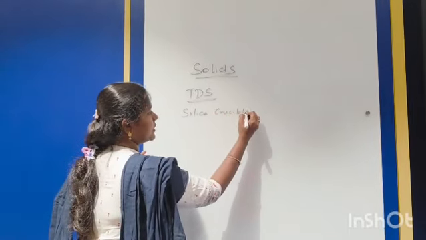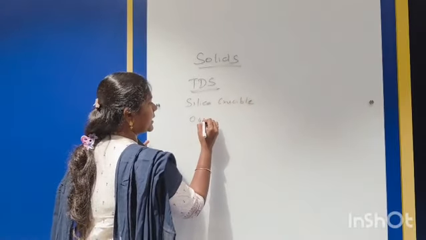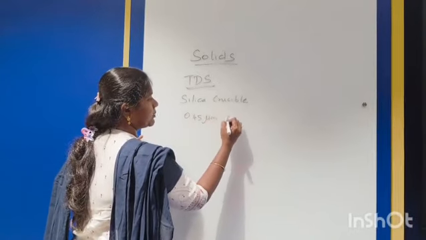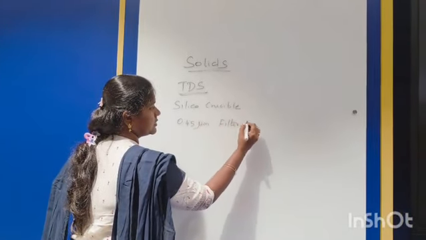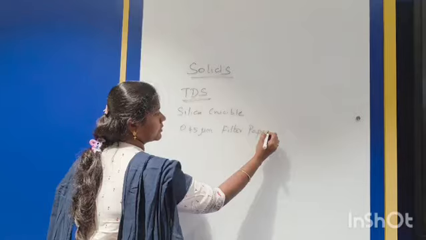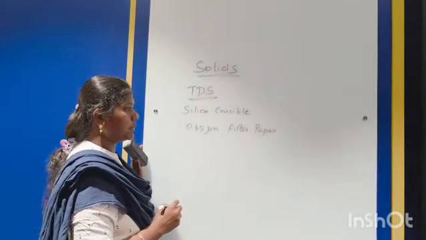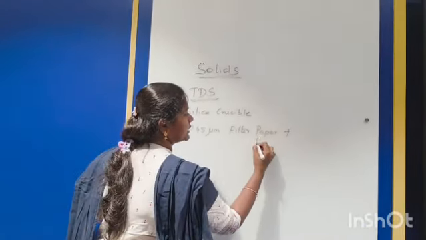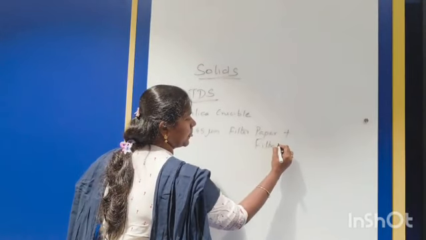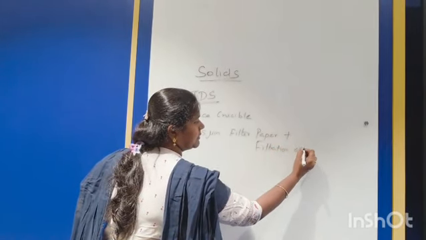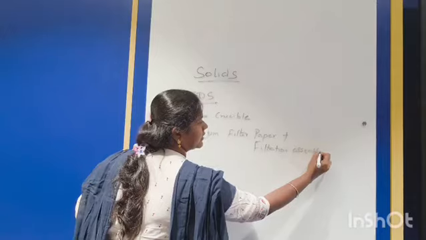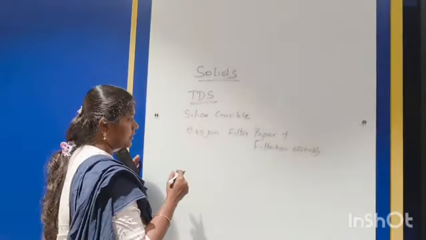And the most important thing is the 0.45 micrometer filter paper, which we have to use along with the filtration assembly. The filtration assembly will be your funnel and measuring cylinder, everything.